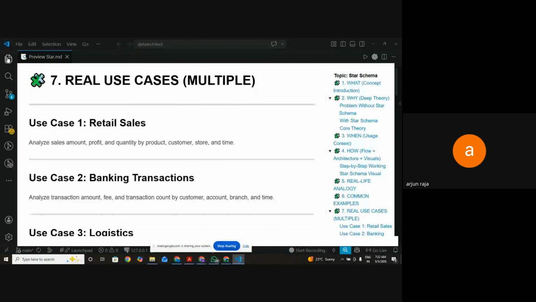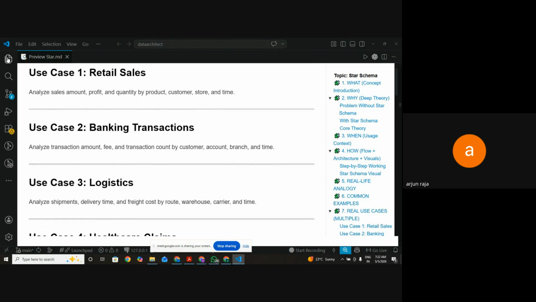Real time use case. Retail sales: analyze sales amount, profit, and quantity by product, customer, store, and time. Banking transaction: analyze transaction amount, fee, and transaction country by customer, account, branch, and time.